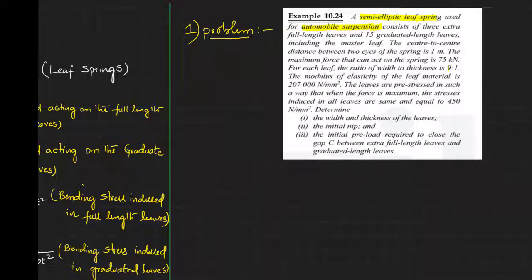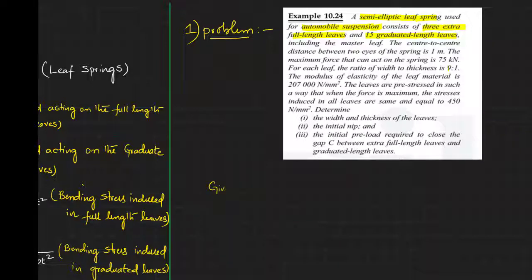Generally in a car suspension, we use a semi-elliptical leaf spring, and specifically in vehicles in which we want to carry more load. And it says an automobile suspension consisting of 3 extra full length leaves and 15 graduated leaves. So I can use this to write the given data.